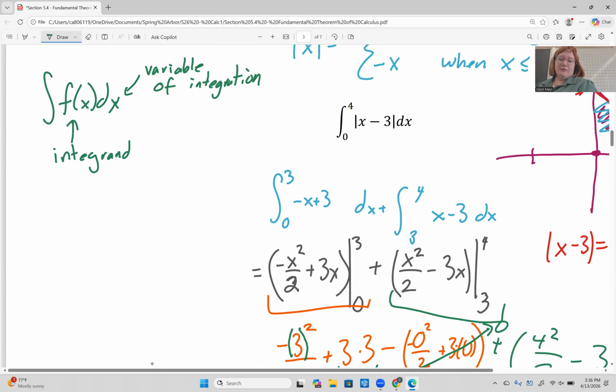If I said, find the derivative of 4x with respect to x, what's the derivative of 4x with respect to x? What would change if I wrote that instead?